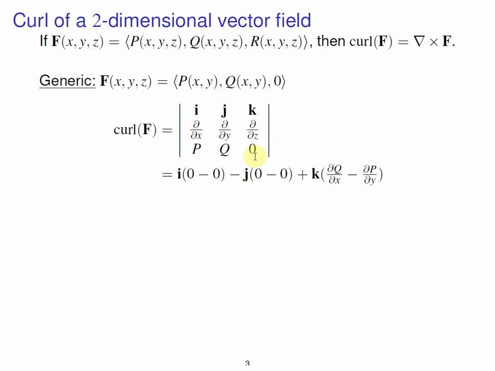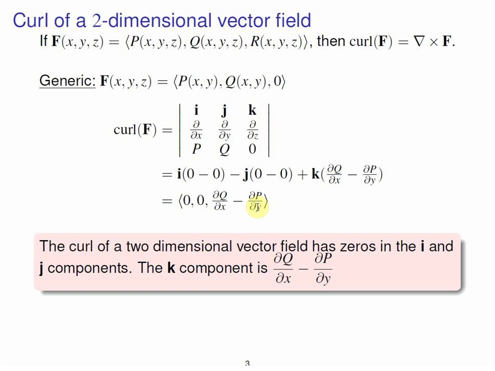This 0 is because you're differentiating 0, and then this 0 is because you're taking the partial derivative with respect to z of p, which has no z's in it. And then the last component, the k component, is the only thing that has anything. So the partial derivative with respect to x of q, that's there, minus the partial derivative with respect to y of p, that's right there. And if you write this in component notation, you've got that.